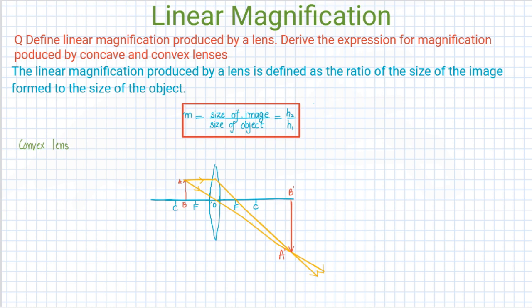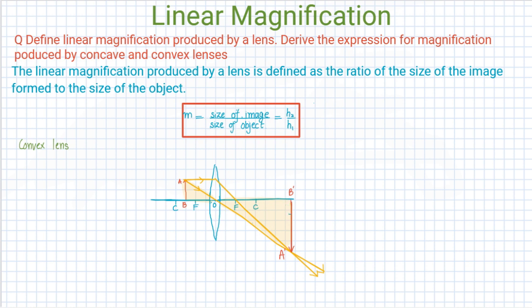Now consider the triangle AOB and consider the triangle A dash O B dash. These two triangles are similar. I can show them similar. Let us consider this first angle.